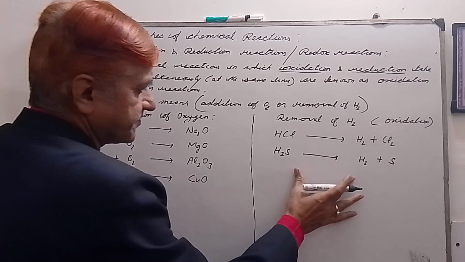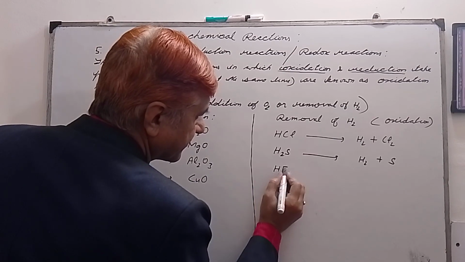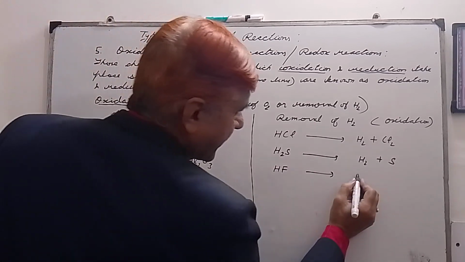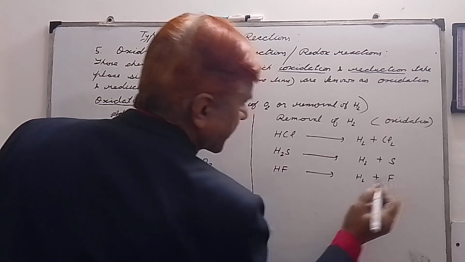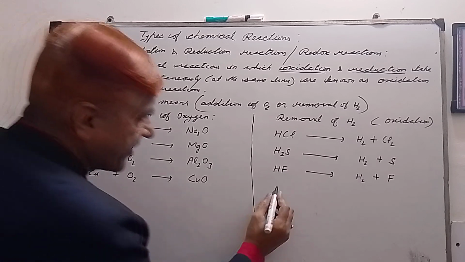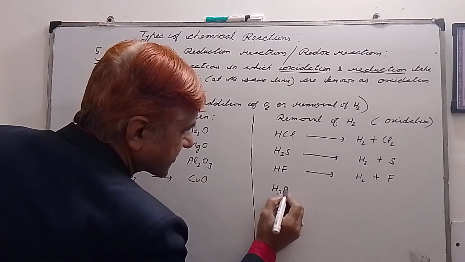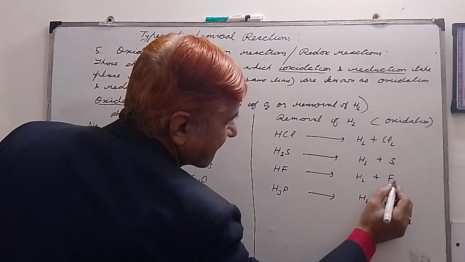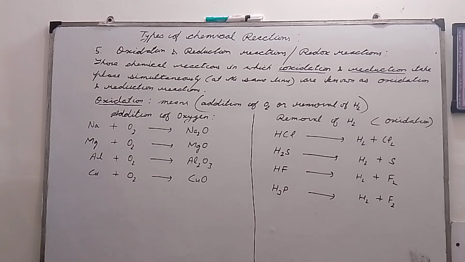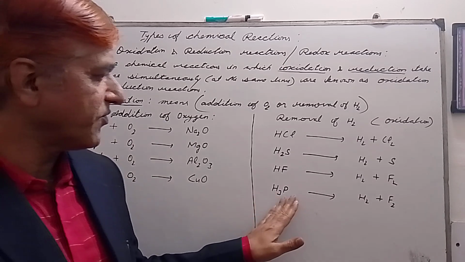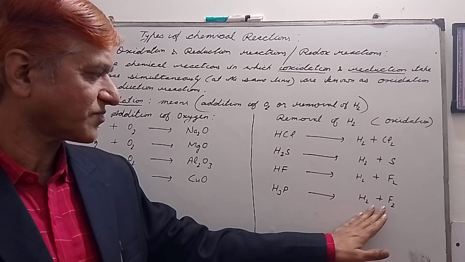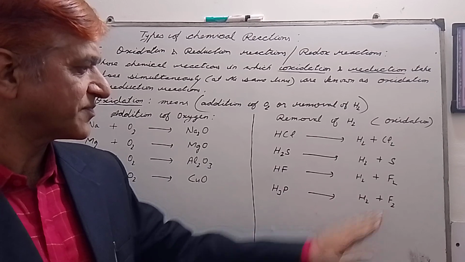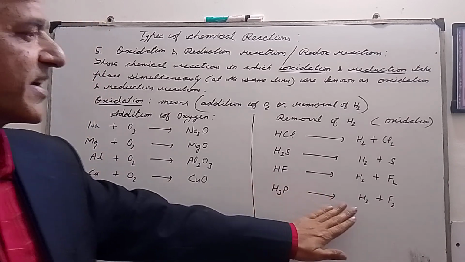Similarly, we can write HF, hydrogen fluoride, giving H2 plus fluorine. Hydrogen phosphide, H2 plus fluorine. So here also removal of hydrogen, so this is also an oxidation reaction.